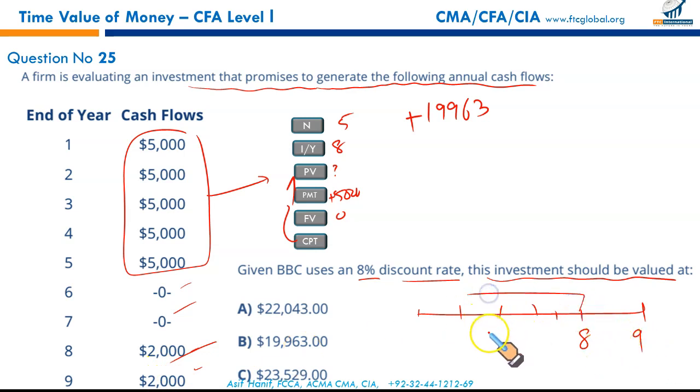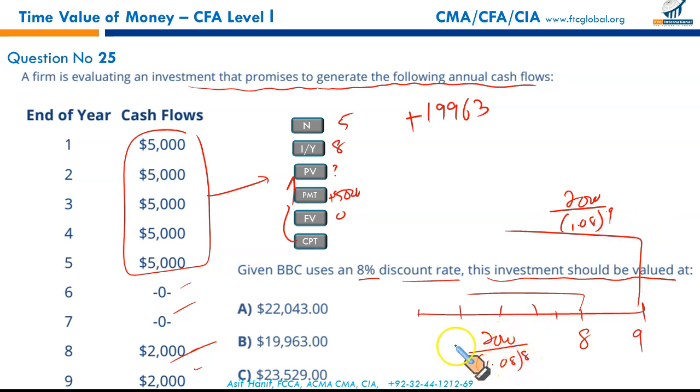So in order to discount it, you will have to divide 2,000 by 1.08 raised to the power 8. And the 9th year cash flow of $2,000 needs to be divided by 1.08 raised to the power 9, right? So 2,000 divided by 1.08 raised to the power 8 will bring this 2,000 into present terms, and 2,000 divided by 1.08 raised to the power 9 will bring this 2,000 to present terms.